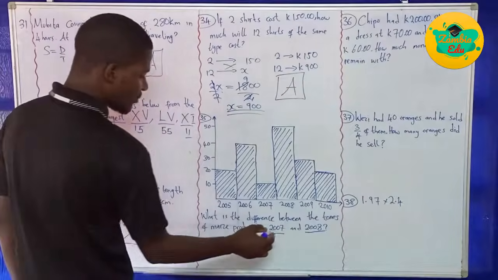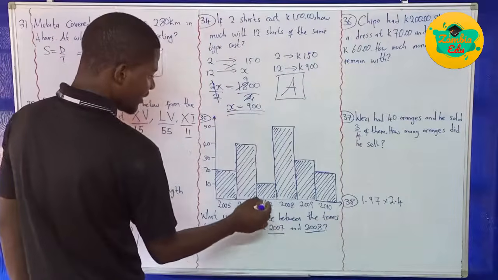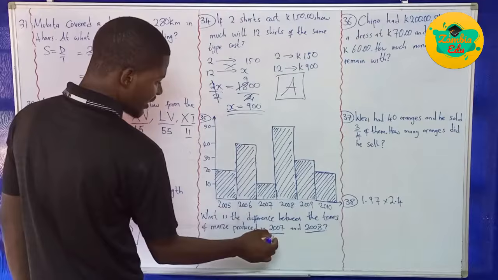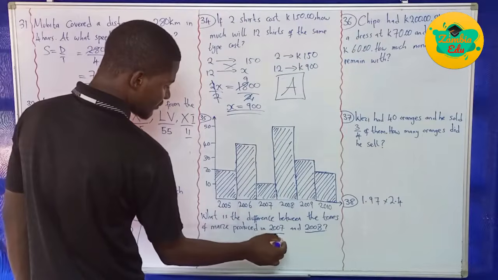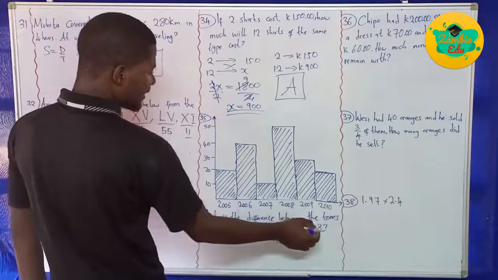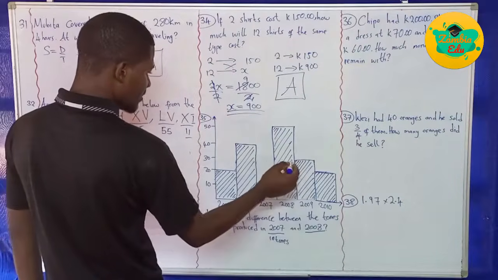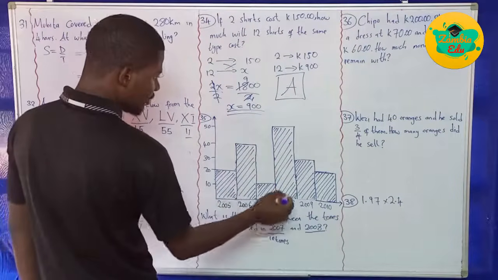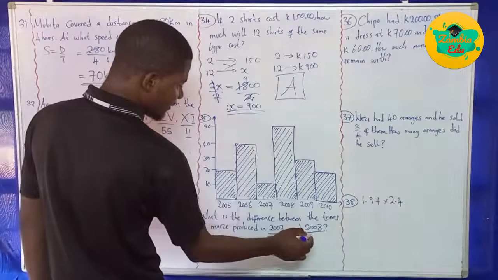So we know that in 2007, the tons of maize produced were 10 tons. And in 2008, the tons of maize produced was 50 tons.